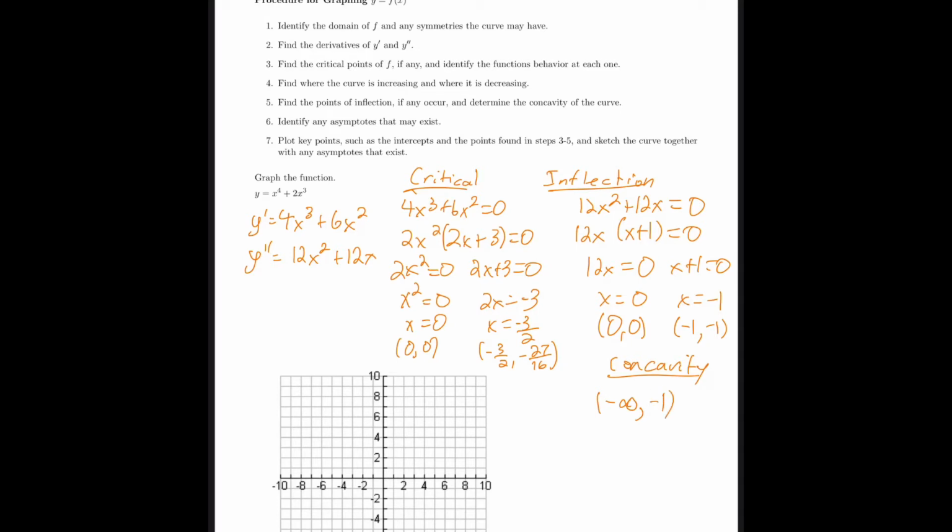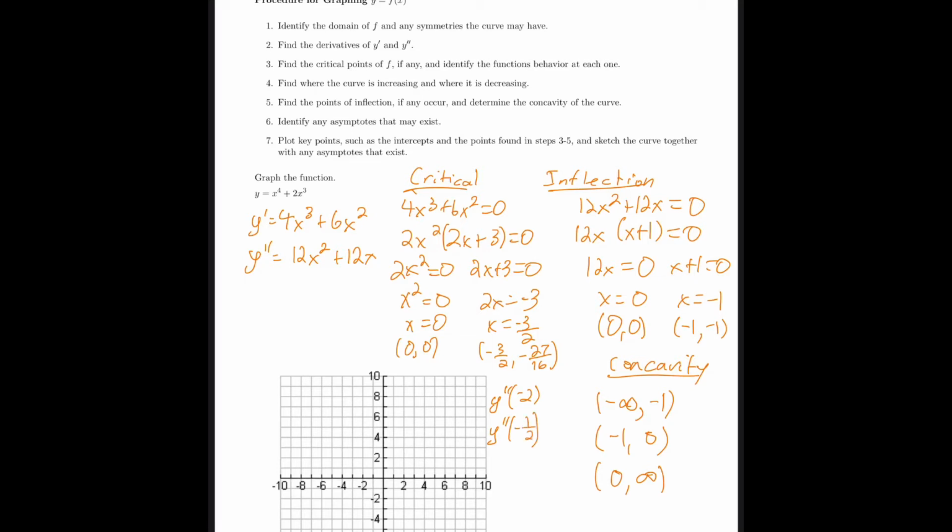Our regions would be negative infinity to negative 1, negative 1 to 0, and 0 to infinity. And then we just need to decide what is the value of the second derivative in each one of those. So plug a number from each one of these into the second derivative.